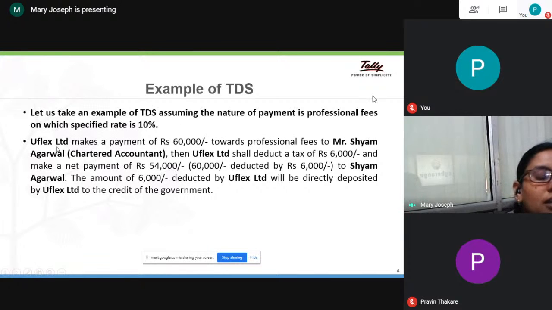Now, Uflix Limited is the deductor and Mr. Shyam Agarwal is the deductee. The deductee had to receive rupees 60,000, but he is receiving rupees 54,000, meaning rupees 6,000 less. What about the 6,000? For that, our company Uflix Limited is going to give him a TDS certificate or Form 26AS against rupees 6,000. Right? Do you understand the concept of TDS?